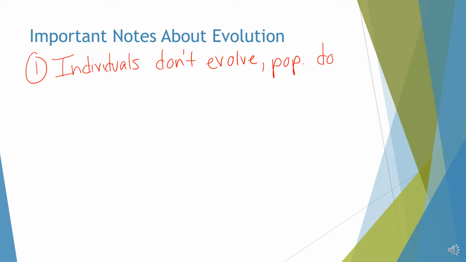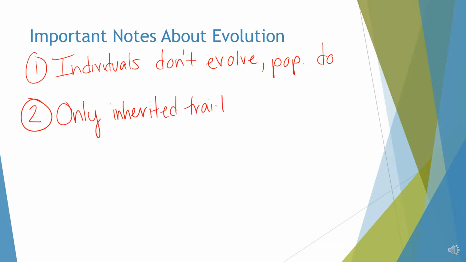And number two, only inherited traits, or those traits that are passed to offspring via genes, are going to be involved in evolution, not learned traits or things that you might learn from your parents.